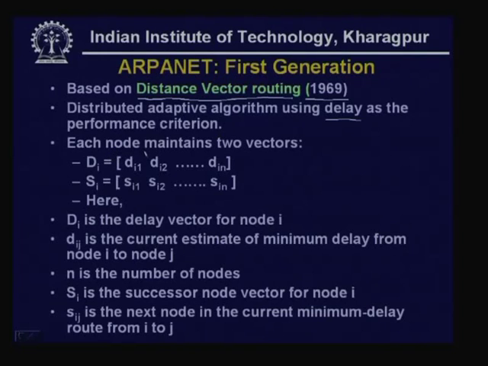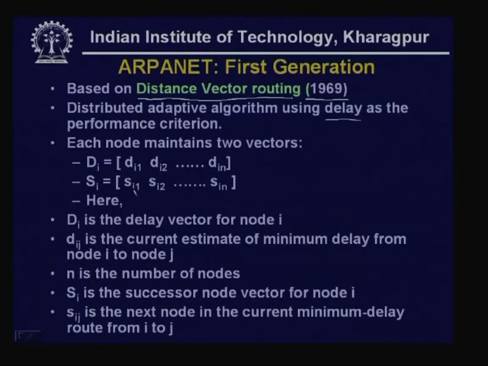So each node maintains its distance vector. As you can see, it maintains two vectors, Di: Di1, Di2, Din. So this is one vector. Essentially this is the delay information for sending a packet to node 1, 2 to n, and Si is the succession node vector for node i.